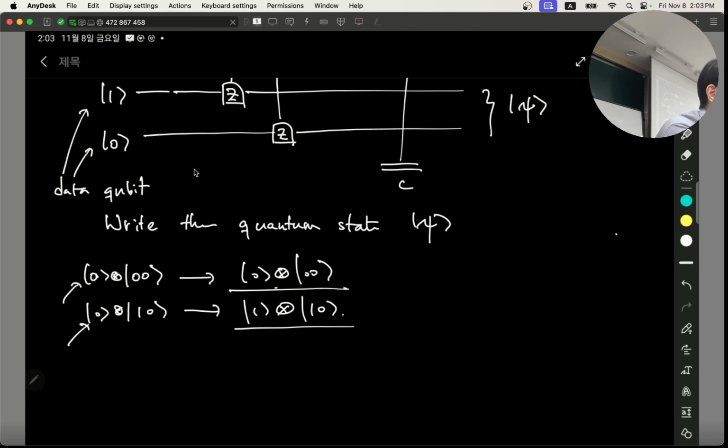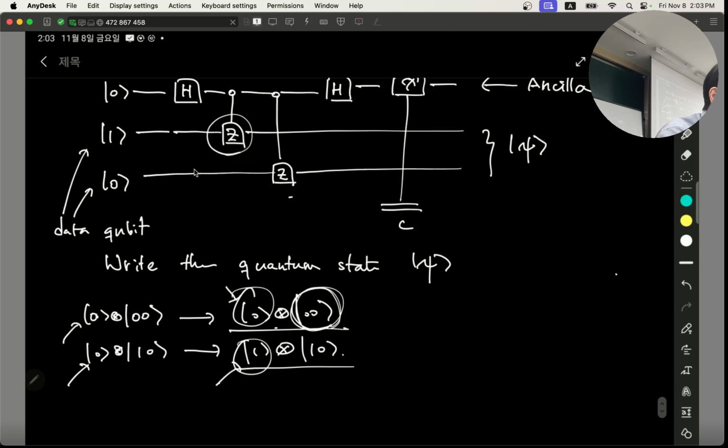So what I want to say is that the measurement outcome of the syndrome measurement right here, only 0 and 1, is determined by the quantum state on the data qubits, because 0, 0 is the stabilizer of the 2Z gate on the 2-qubit state, and it's a +1 eigenstate.